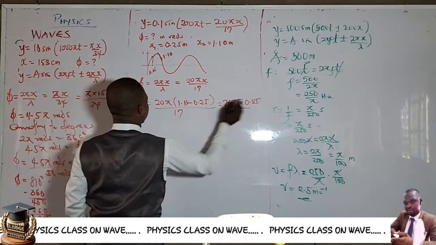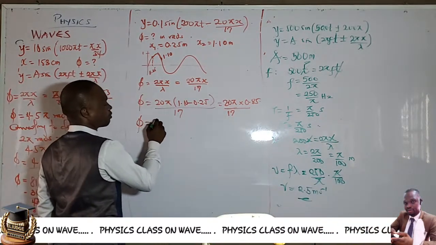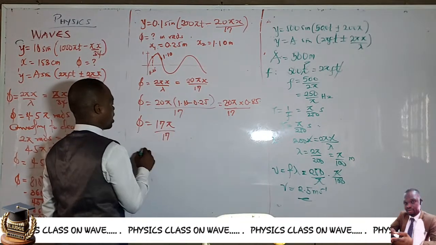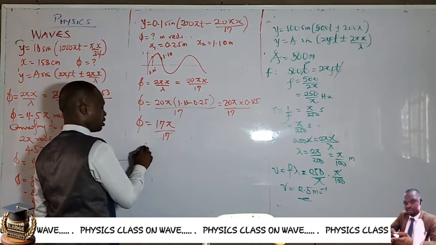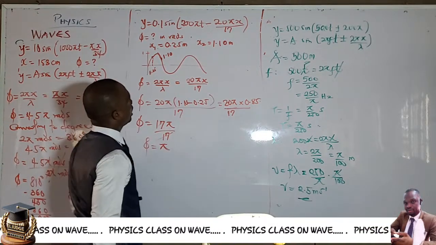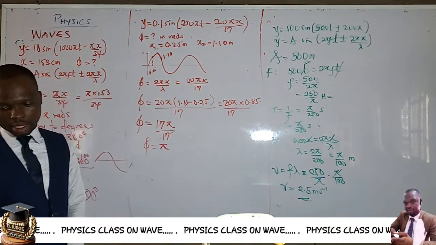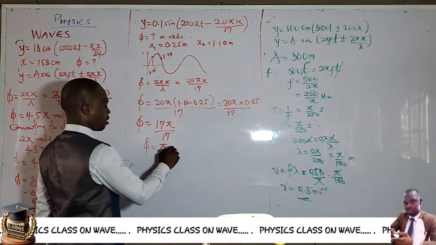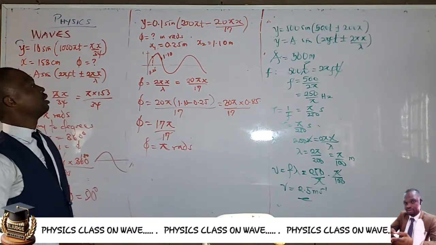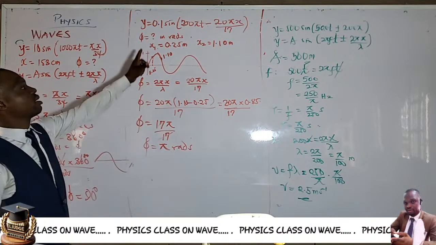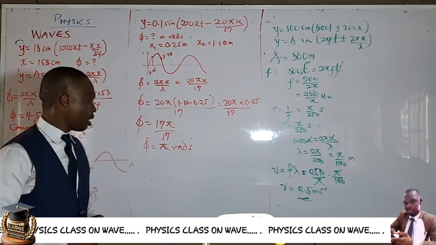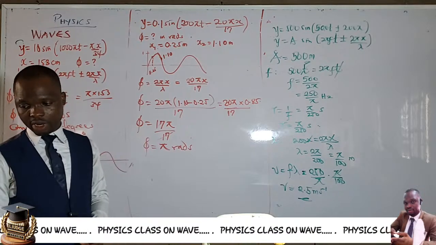When you multiply this and this, we have 17 pi over 17. 17 goes into this, so the phase difference is pi in rads. A pi in rads is 180 degrees. That means the phase difference is pi in rads.